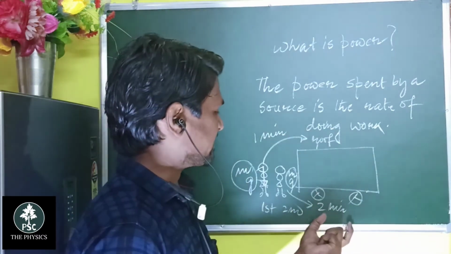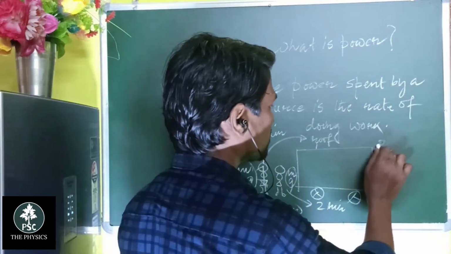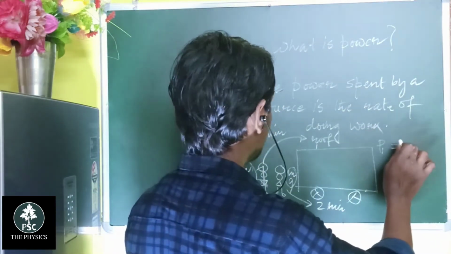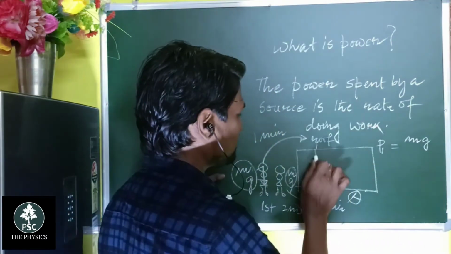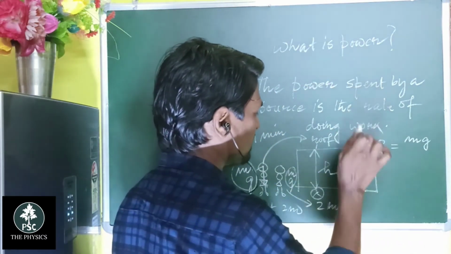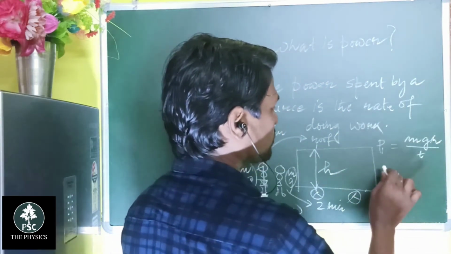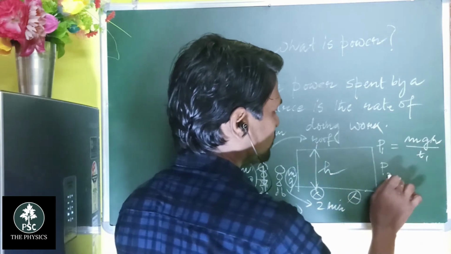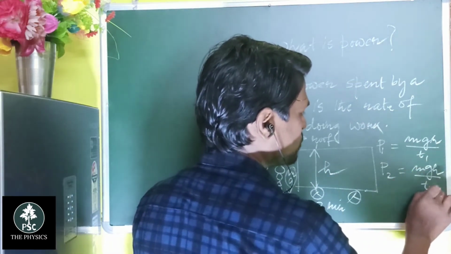So you can easily say that the power is work done, that is mg times the height of the bus, so mgh by time. For the first one it is mgh by T1, and for the second one it is mgh by T2.